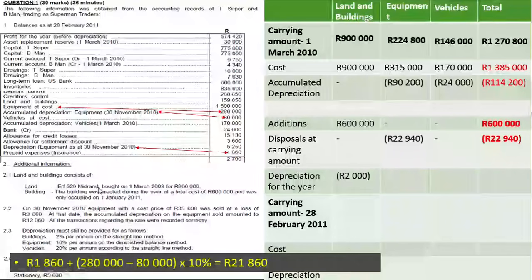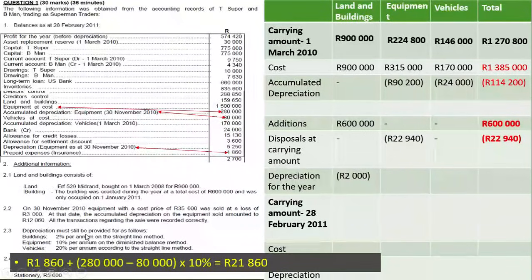Okay, first let's look at 2.3. We're told that equipment is depreciated at 10% per annum on the diminishing balance method. And with the diminishing balance method, you calculate the depreciation on the carrying value. We get the carrying value by taking 280,000 rand, which is the cost price, minus the accumulated depreciation of 80,000 rand, multiplied by 10%, because that's what we're depreciating the equipment at.